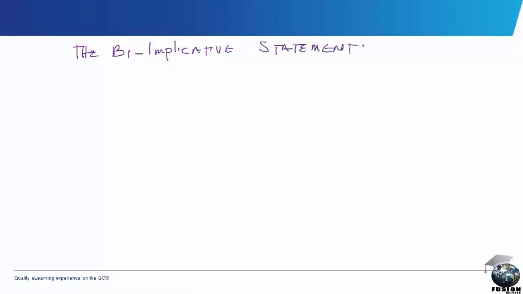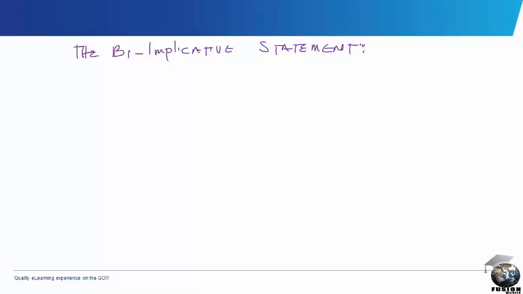The bi-implicative statement. Just like we had previously from the last example where we derived the bi-implicative statement, where we said that the angles of a triangle ABC are equal if and only if the sides of the triangle are equal too.